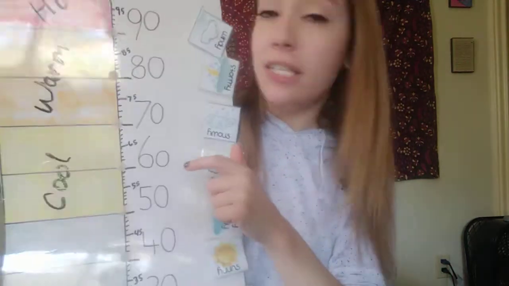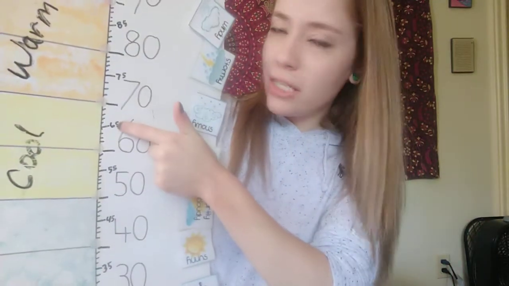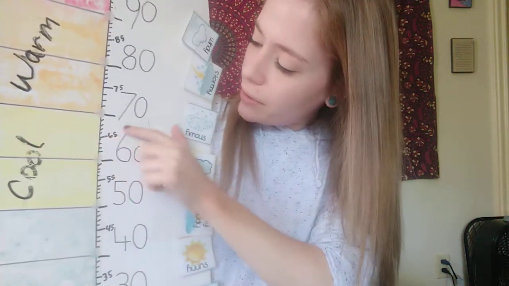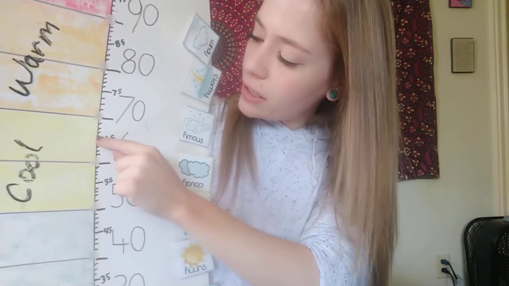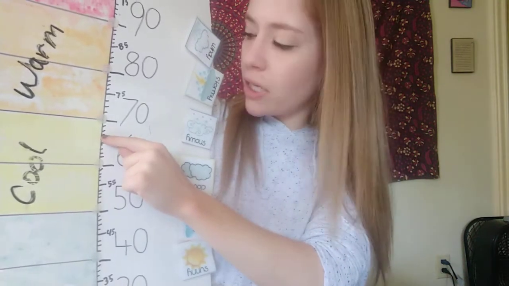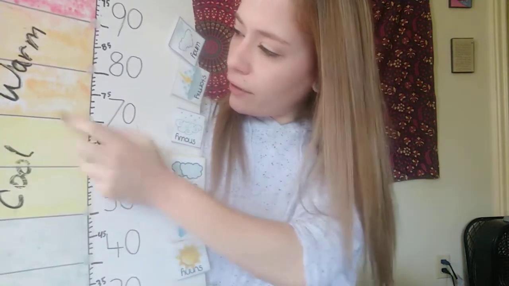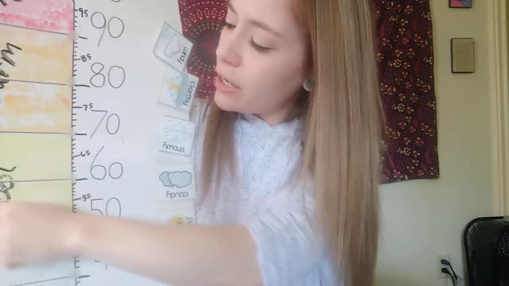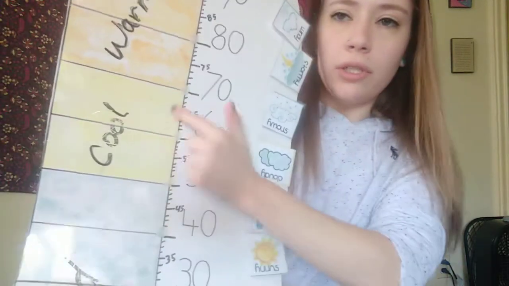So I know that 67 is in between 65 and 70, but just a little bit above. So 65, 66, 67. So right here, very close to that warm range, but we're still in the cool temperature range.